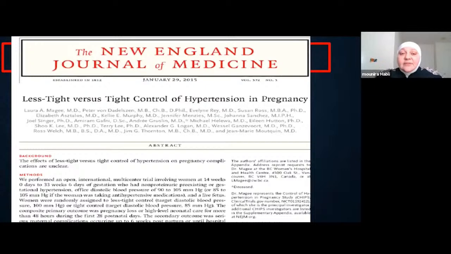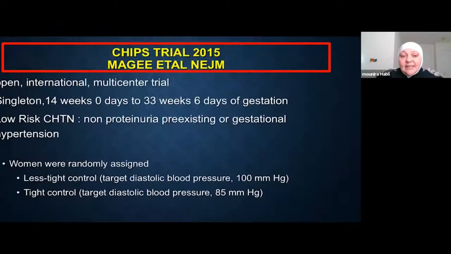In 2015, we have the famous CHIPS trial, less tight versus tight control of hypertension in pregnancy. This is an open international multi-center trial involving singletons between 14 and 33 and 6 weeks of gestation, only low-risk chronic hypertension without proteinuria, with pre-existing or persisting hypertension, or gestational hypertension.